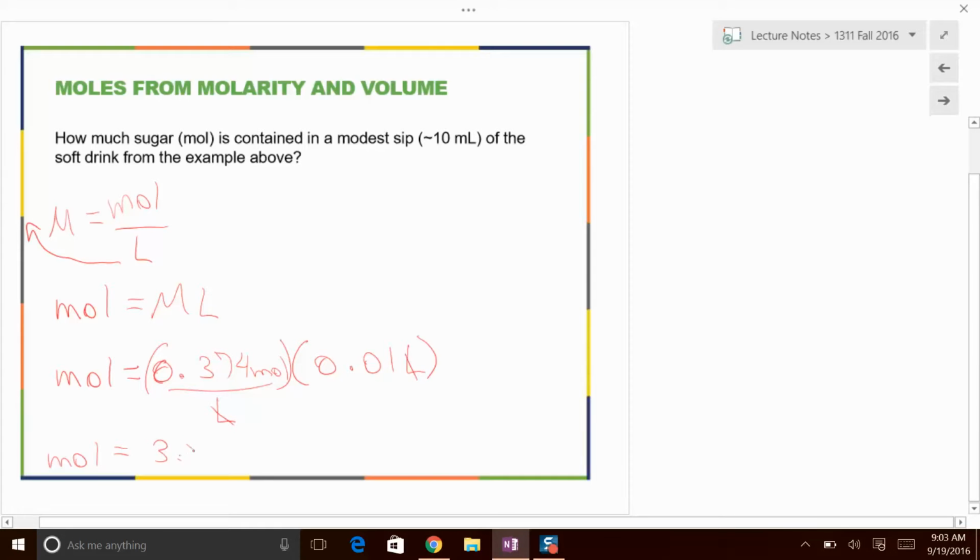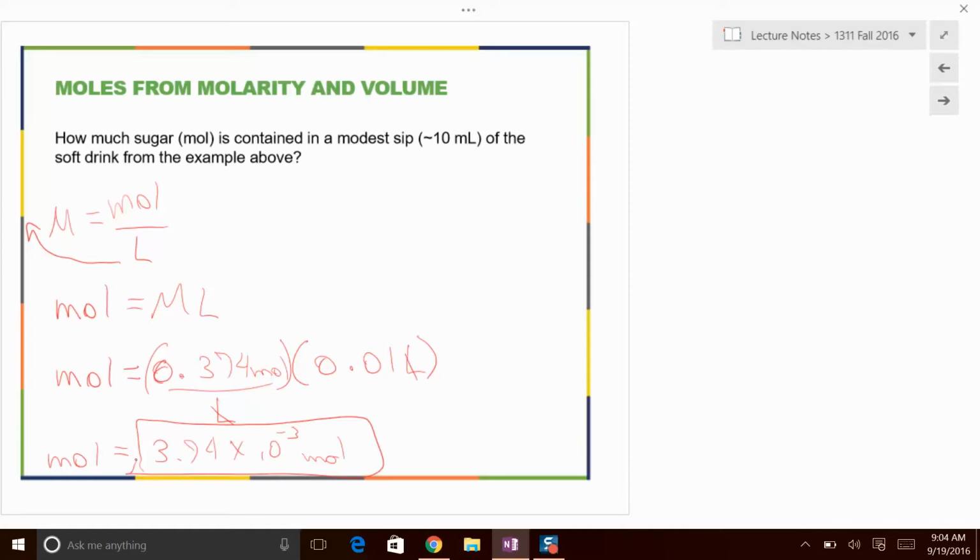3.74 times 10 to the negative 3 moles. Okay, is that what everybody's getting? So 3.74 times 10 to the negative 3 moles. That's how many moles are in a sip.